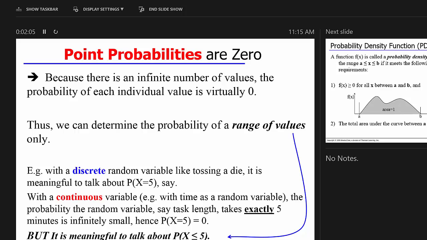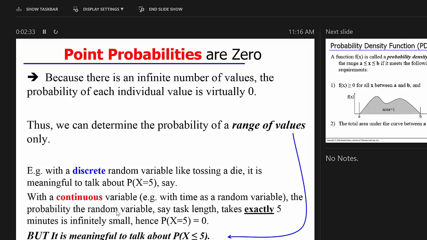With continuous variables, such as measurement of weight, length, temperature outside, there are infinitely many possibilities. So every time we ask a question, for example, what's the probability that it will take precisely 5 minutes to complete a certain task? What's the likelihood that a cashier at the checkout counter will take precisely 1 minute to check out the customer?